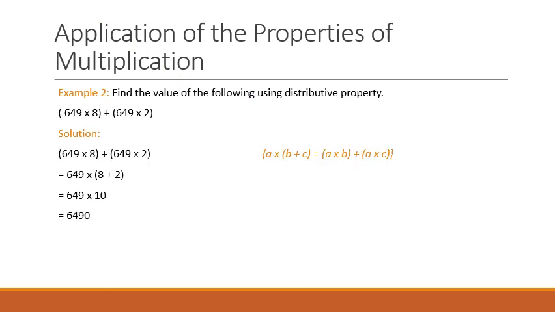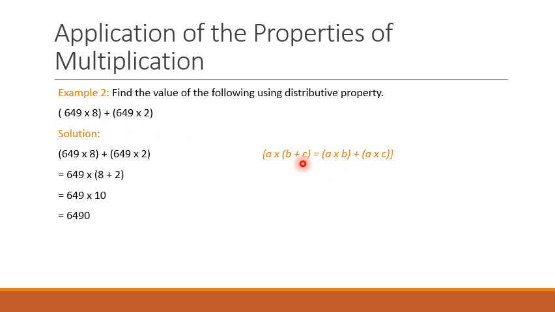Now let's see one example of the application of distributive property. In this question, find the value of the following using distributive property: 649 multiplied by 8 plus 649 multiplied by 2. Here we have to use the distributive property. In the previous slides we have seen in distributive property, if there is one number common, then I can write it in this way.